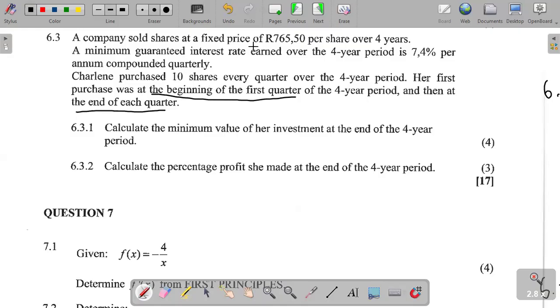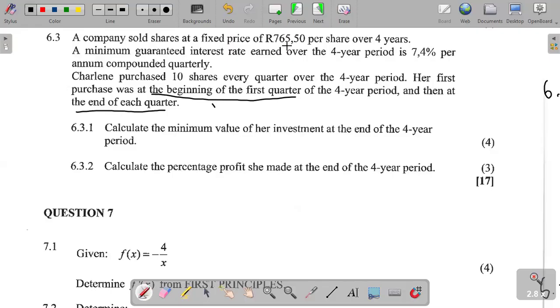So per share, we must take this price here per share and multiply it by 10.